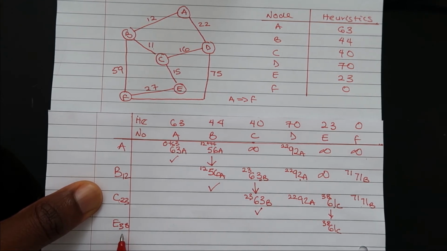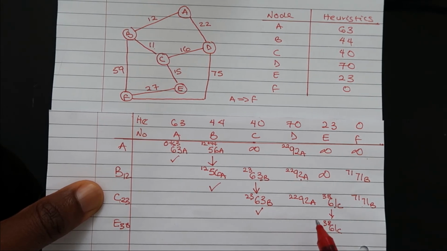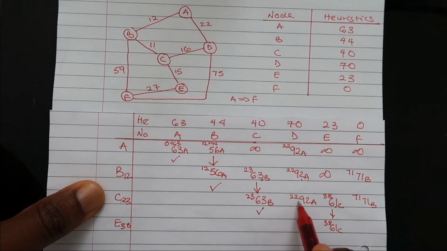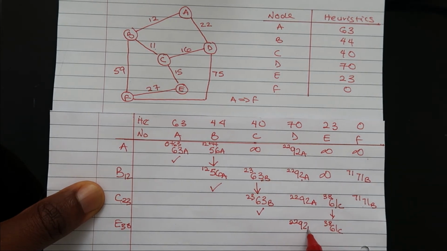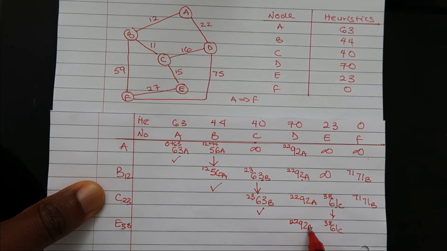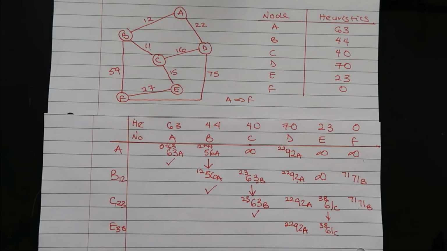So E to D doesn't currently exist. As E to D does not exist, I'll write down the current best to D, which is 22. However, considering the heuristics it is 92, and it's coming from A.